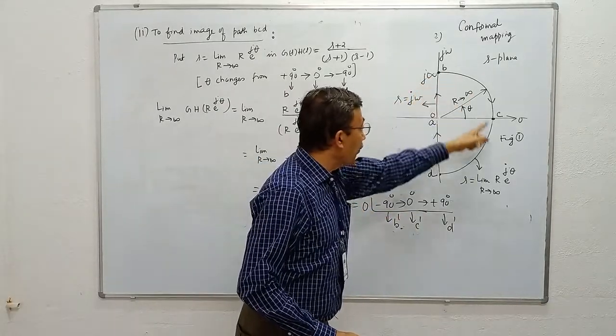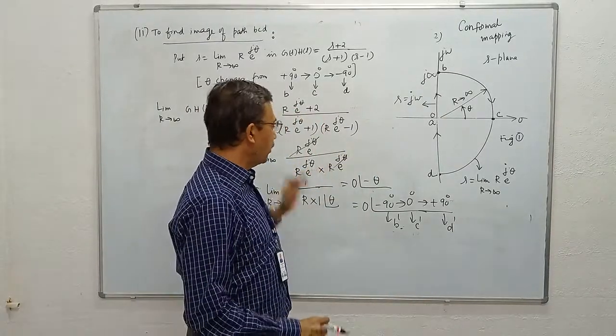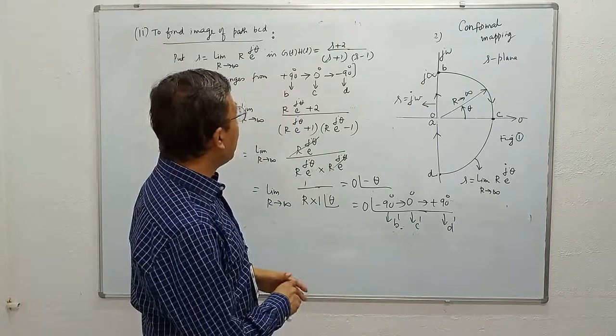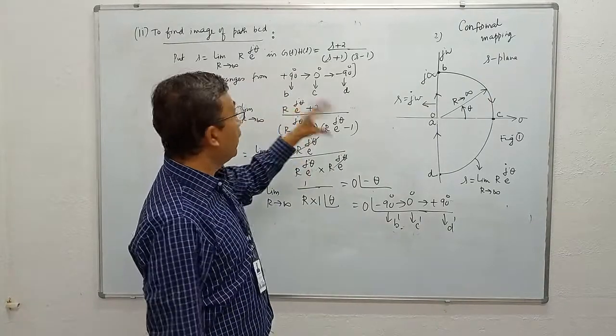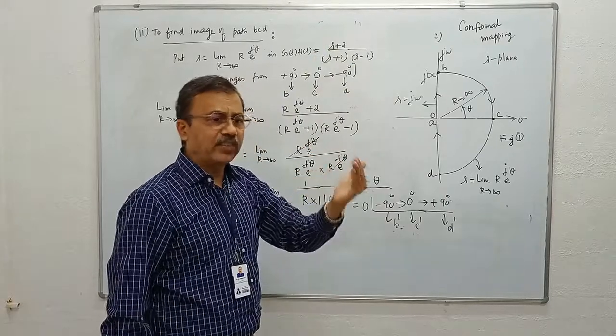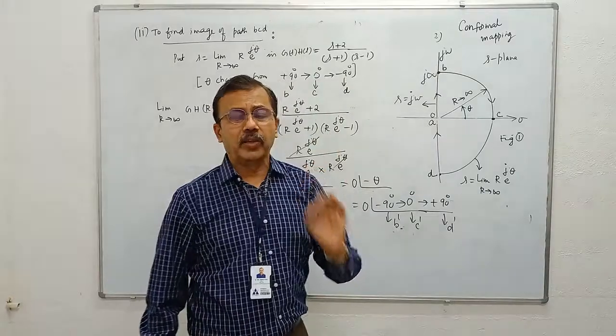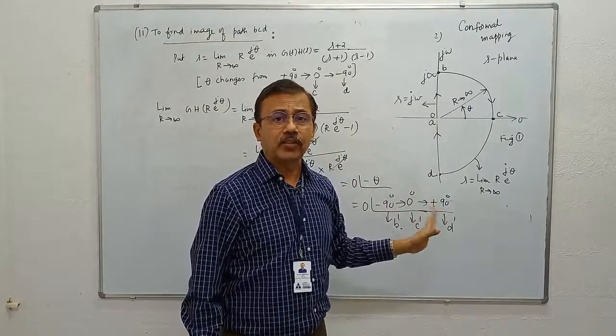Therefore, a semicircle of infinite radius has gone to the origin of G of S, H of S plane. So whenever poles exceed the zeros, here there are two poles, only one zero, that means poles exceed the zeros. Hence, path BCD will invariably go to the origin of G of S, H of S plane.